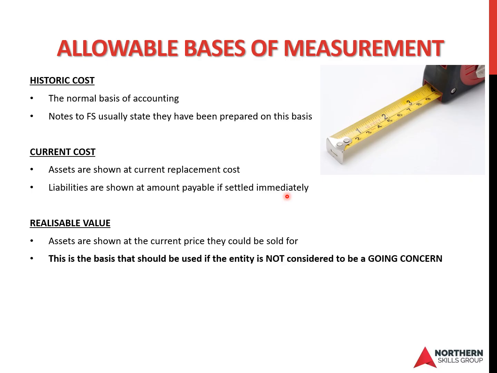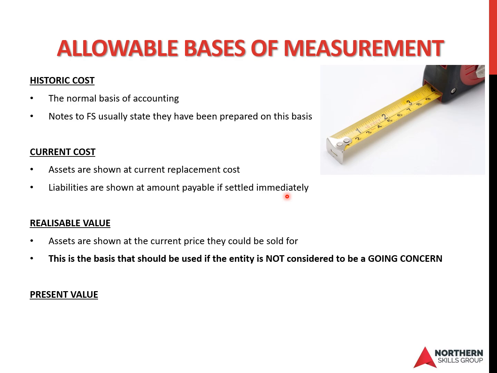And this is the basis, as the slide says, that should be used if the business isn't considered to be a going concern. If the going concern basis isn't relevant, then realizable value should be used for the assets in the statement of financial position, because that's the only future benefit that's going to be derived from those assets, is the cash received from their sale.